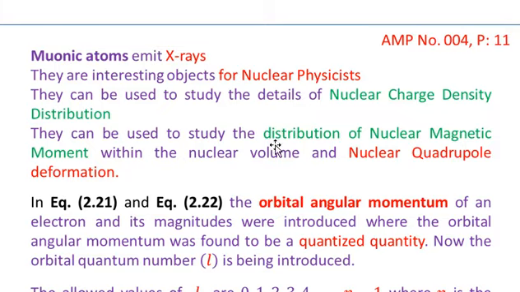They can also be used to study the distribution of nuclear magnetic moment within the nuclear volume and the nuclear quadrupole deformation. So you see that these are important parameters which could be very useful for the nuclear physicist. These parameters can be studied using muonic atoms.